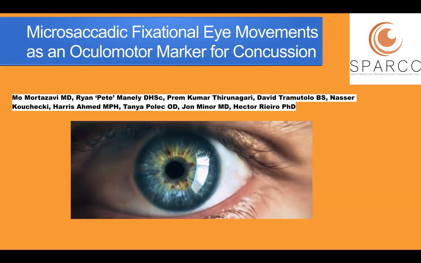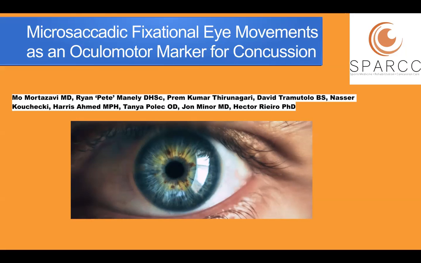So that includes the total area of the fixational movements, and more specifically, we look at the vertical to horizontal ratio of the fixational movement. Normal physiologic microsaccades are more often in the horizontal plane. So we hypothesize that if we're seeing more in the vertical plane, that could be suggestive of some problems as well.